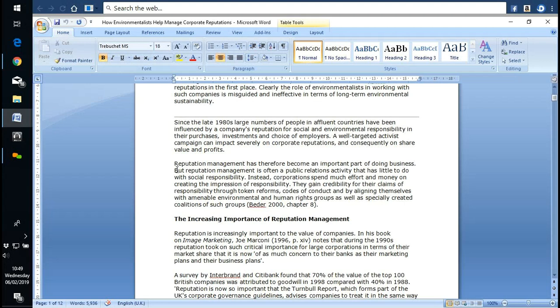And again, activist campaigns, as I've just mentioned through Greenpeace, can impact severely on a corporation's reputation and consequently on share value and profits. The bottom line for any business, of course, is the value and profits that they make, and any subject that's going to affect that to any depth, they need to look at and think very carefully about before they take those actions.